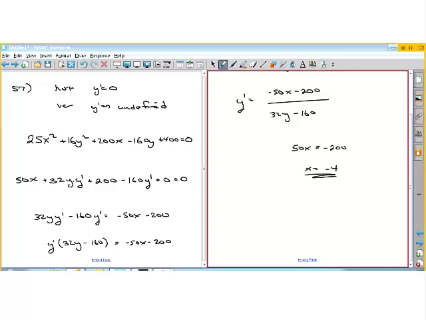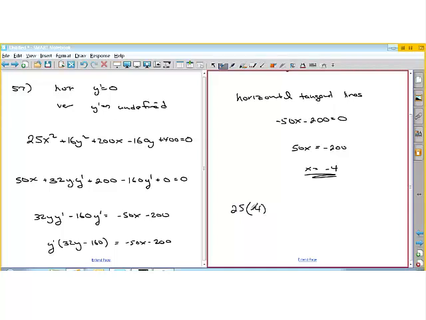So what we do is we go back to the original equation and we substitute in for x. So what I'm doing here is I'm substituting negative 4 in.